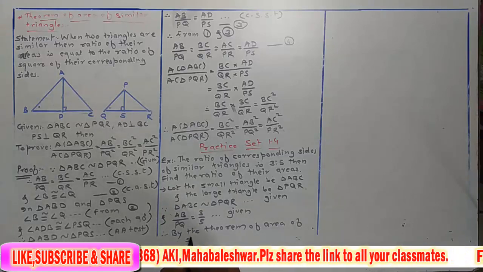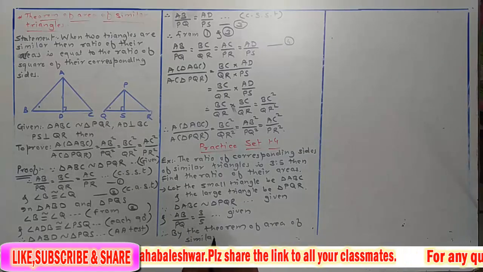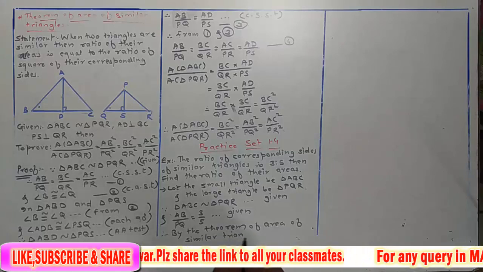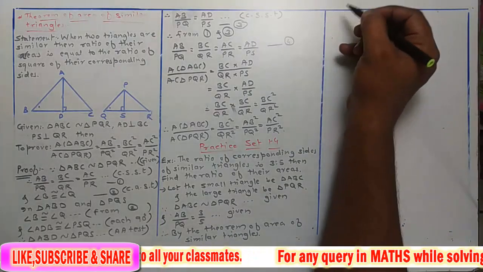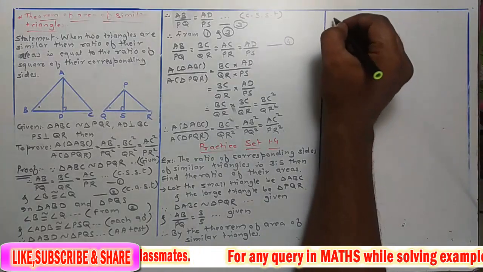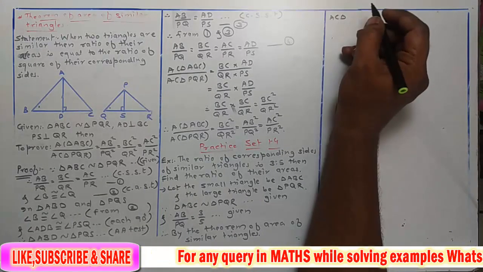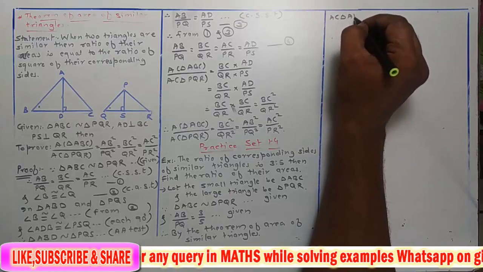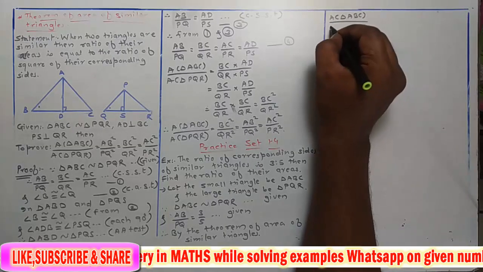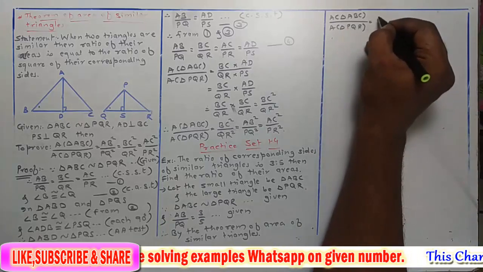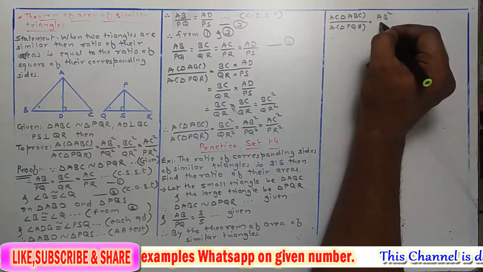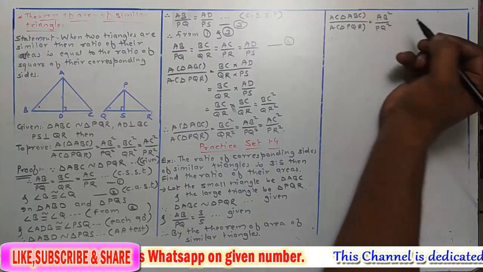Therefore by the theorem of area of similar triangles we have area of triangle ABC upon area of triangle PQR is equal to AB square upon PQ square.